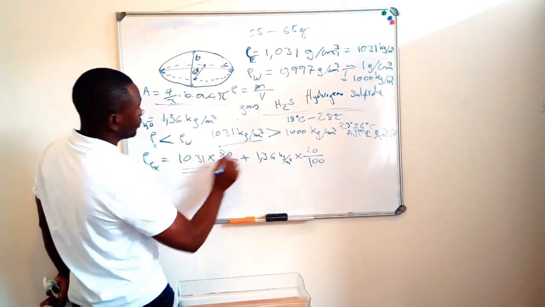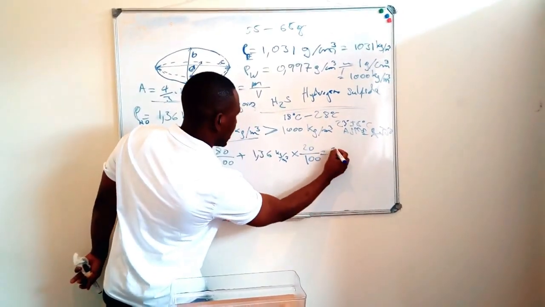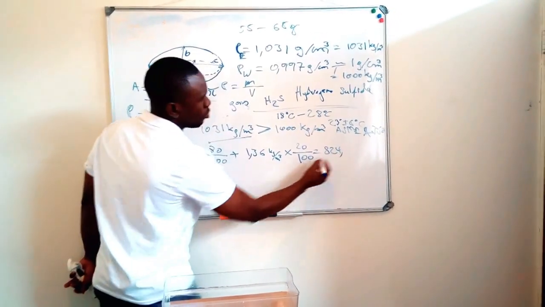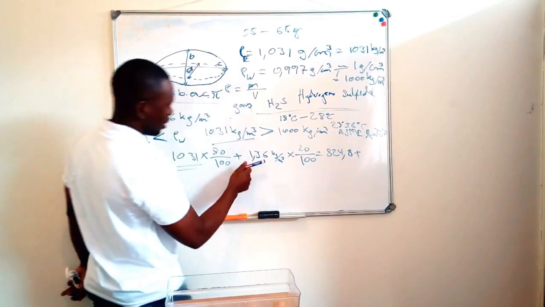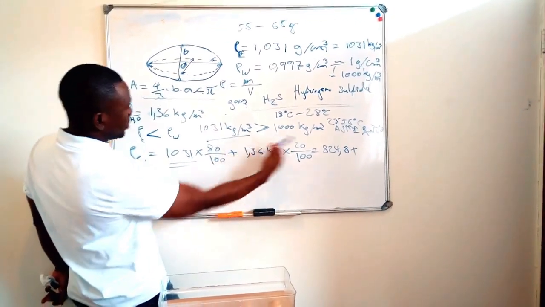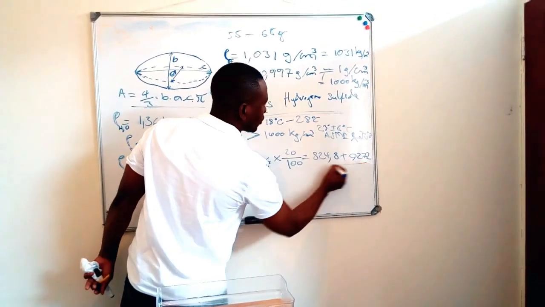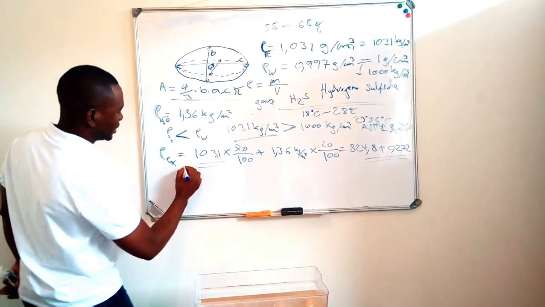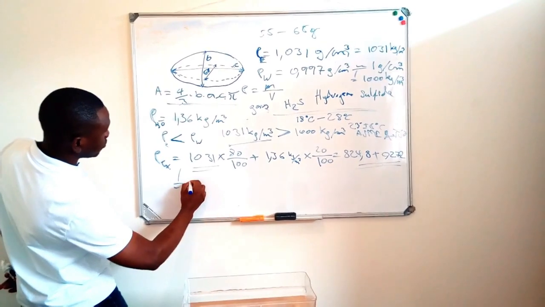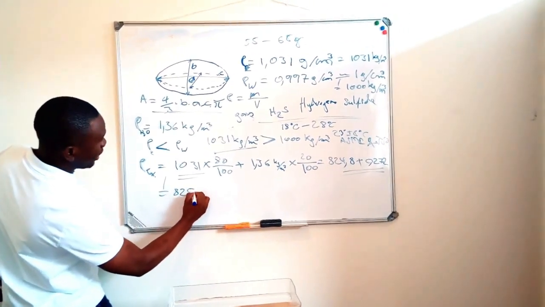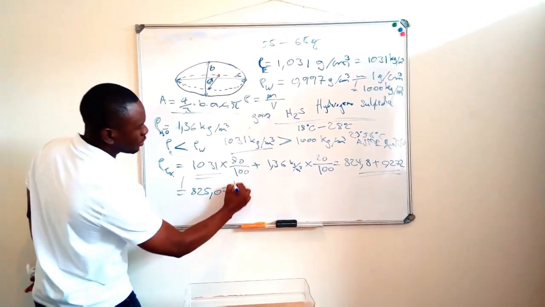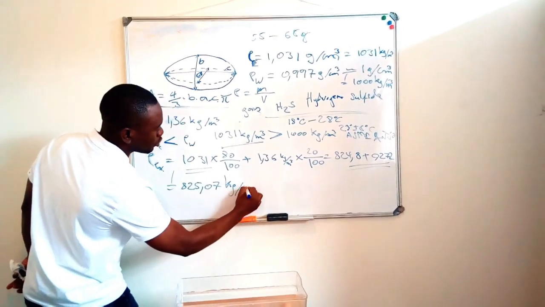This will be equal to 824.8 plus 0.272. So the total will be equal to 825.07 kilogram per cubic meter.